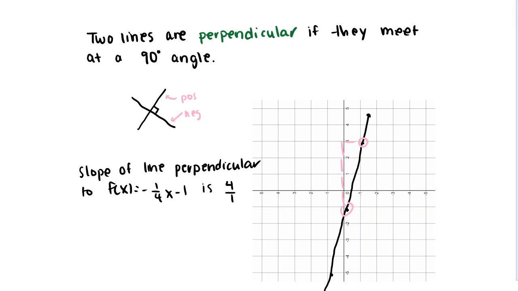Notice that these two slopes look very similar to one another. Really, one's the negative of the other, but not only that, one's the negative reciprocal of the other.